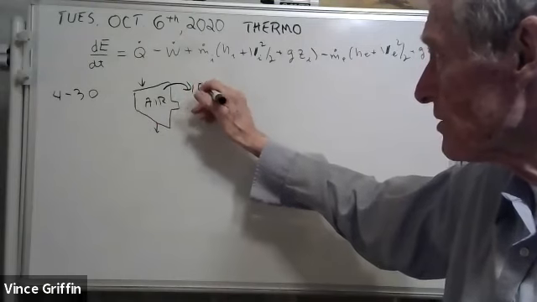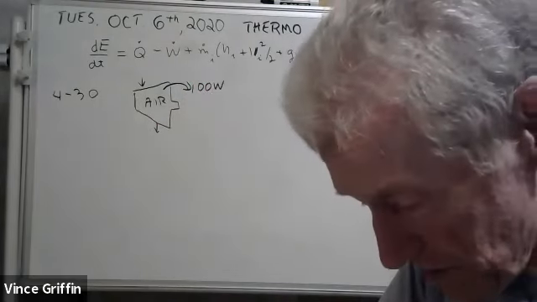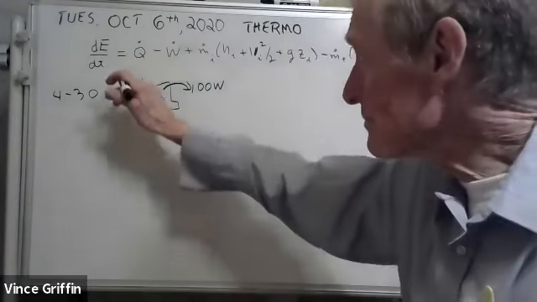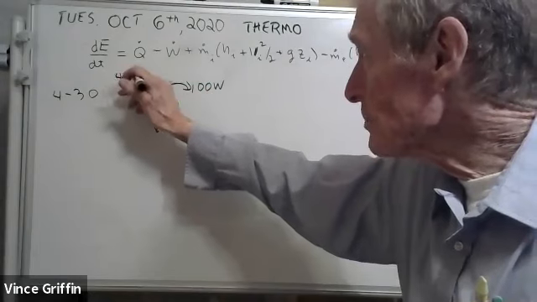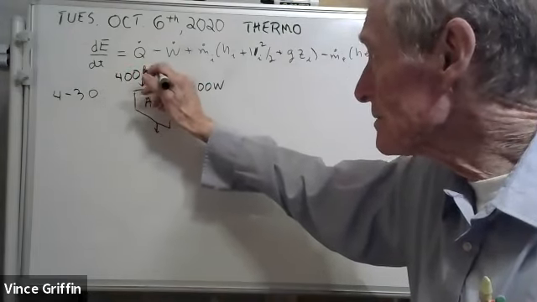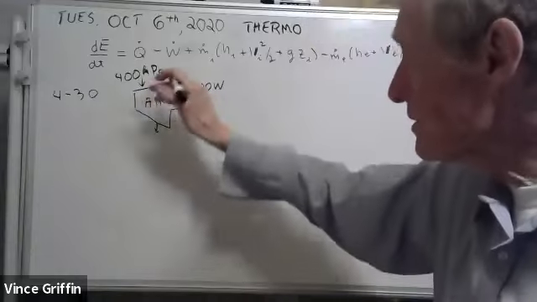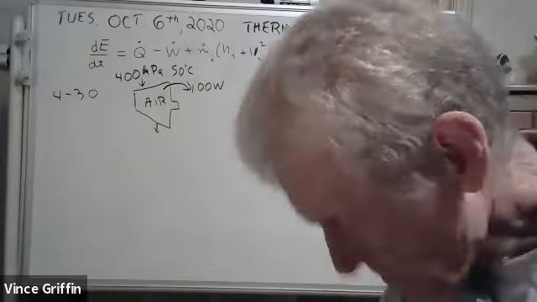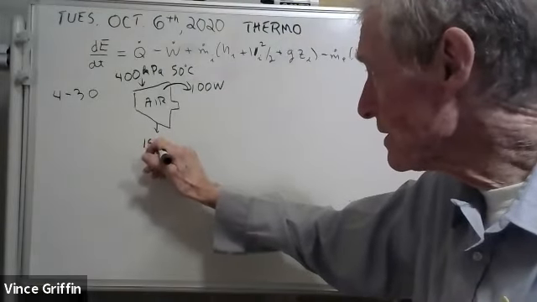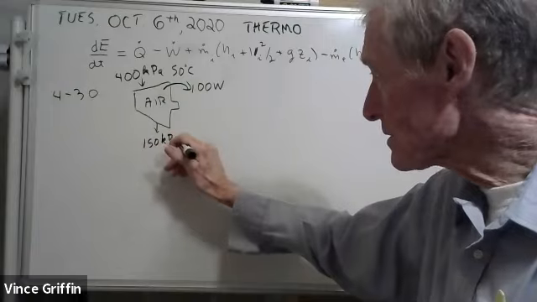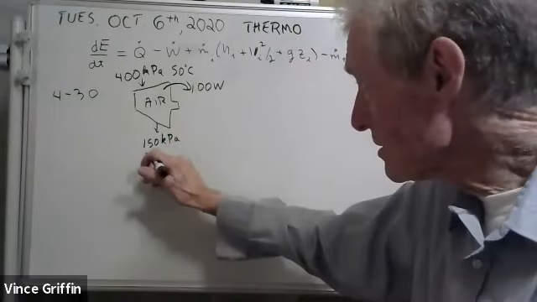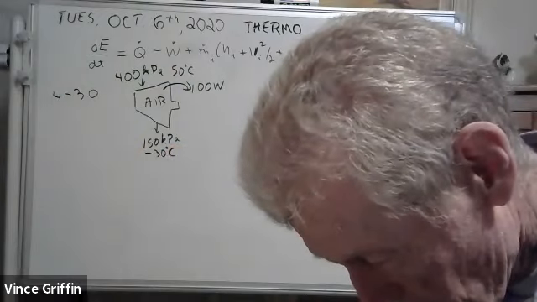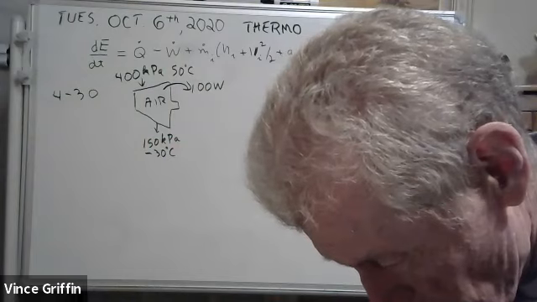That's not very much, it's just like a 100-watt light bulb. The initial state is 400 kilopascals coming in, 50 degrees Celsius. The exit state is 150 kilopascals, minus 30 degrees. Assume the velocity is low and the process is adiabatic.